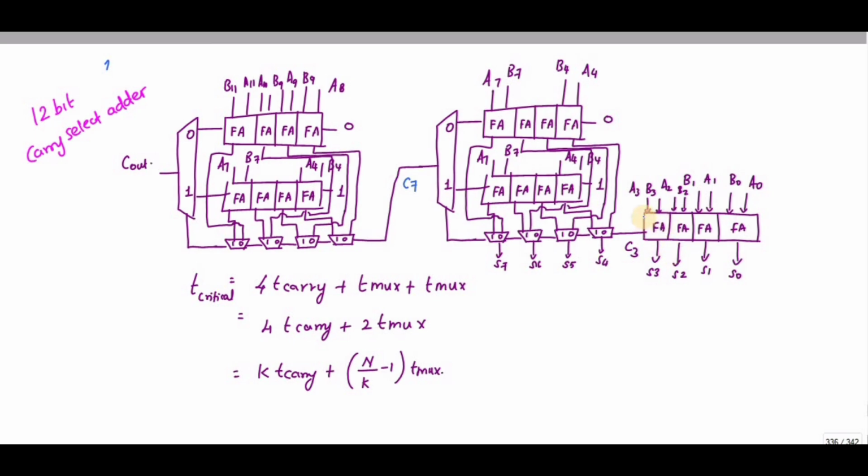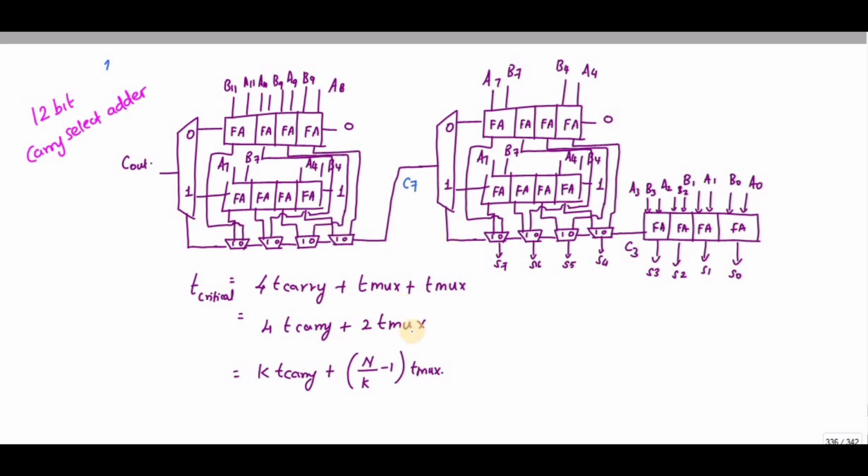If the time taken for this ripple carry adder to generate the carry is 4T carry, then during that time itself these four ripple carry adders will get performed, right? So that is why I have written T critical is equal to 4T carry plus these muxes, T mux plus T mux.